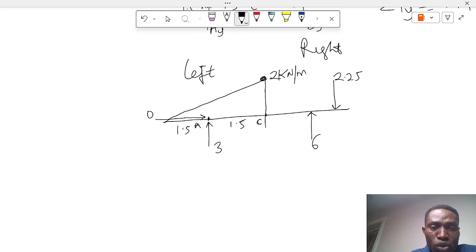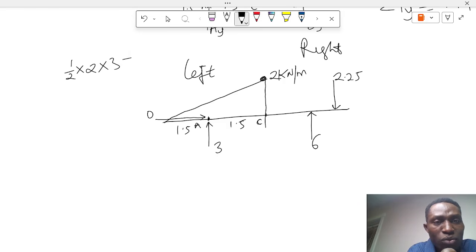So this is what we do. Since we have a distributed force here, we have to look for a concentrated force using the apex force, which is 2 kilonewtons per meter. We've solved this before, so we just have 1/2 times 2 times 3. This will give us 3 kilonewtons.